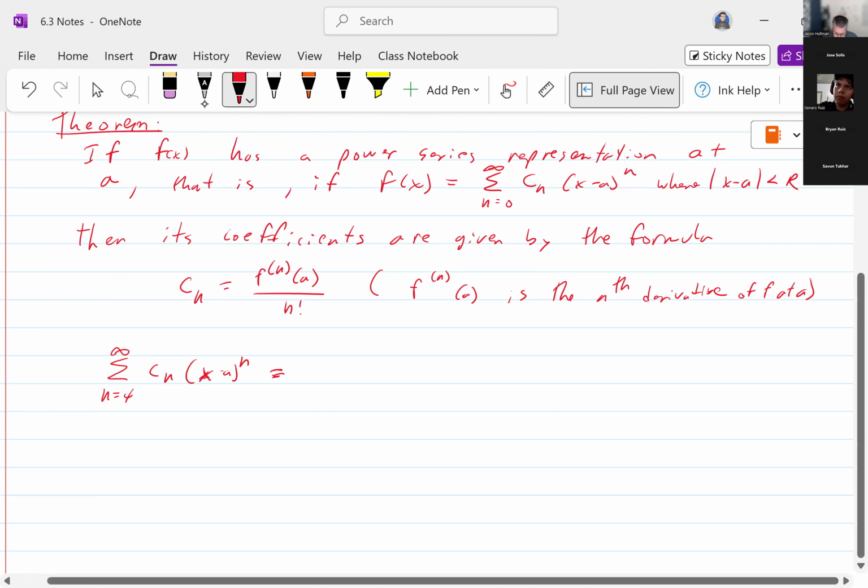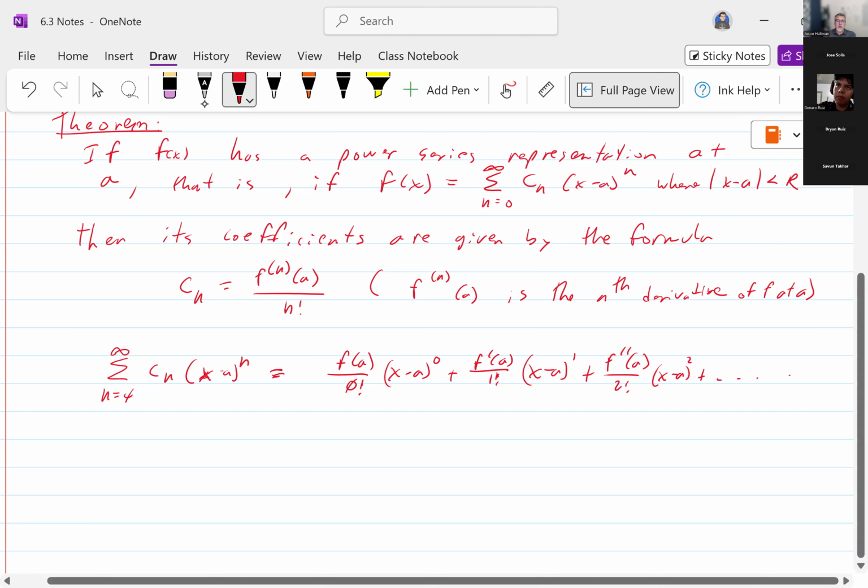The coefficients are going to be f of a over 0 factorial times x minus a to the 0 power, plus f prime of a over 1 factorial times x minus a to the first power, plus f double prime of a over 2 factorial times x minus a to the second power, plus, and it just kind of goes on forever.